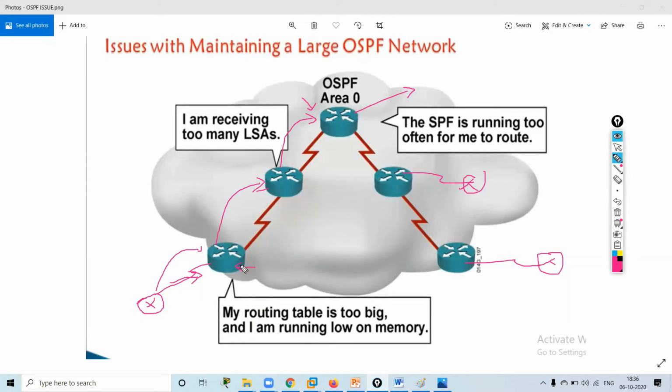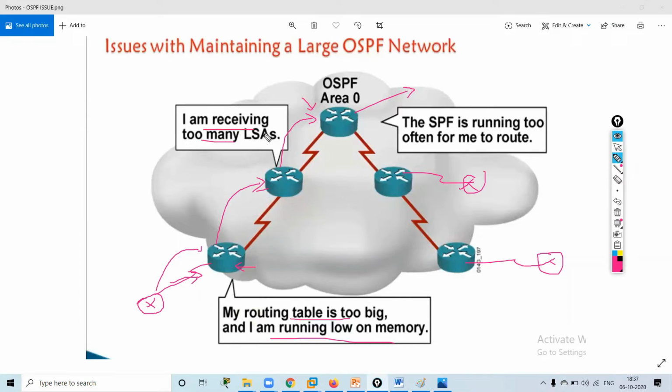So what will this router do? Sometimes it might be possible the router will crash, or it will get rebooted. My routing table is too big, I am running low on memory. Sometimes it will get crashed, or sometimes it might get rebooted. This router will say I am receiving too many LSAs.